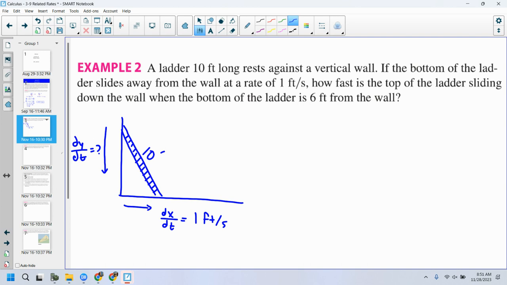What's the rate of change as the ladder slides down the wall when the bottom of the ladder is 6 feet from the wall? When x is 6 feet, right? That's what I want to know. So when x equals 6. That's enough information to solve my problem.